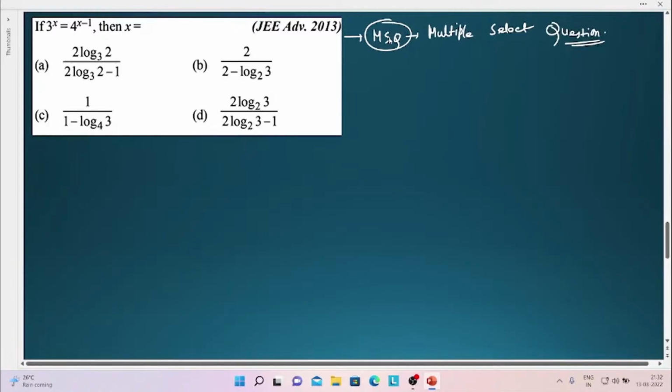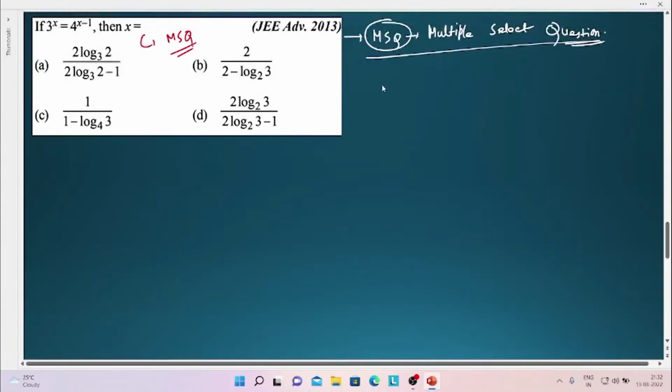Basically, multiple choice questions have only one correct option. In a multiple select question, more than one option can be correct. There may be one, two, three, four, or all options correct. So this is actually an MSQ type question. Let me write that down.